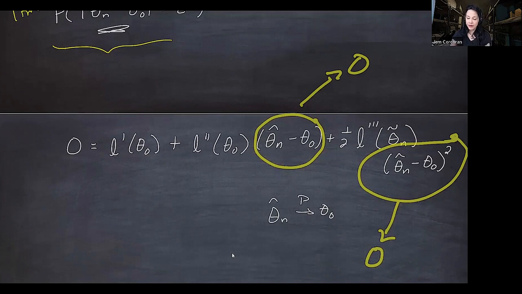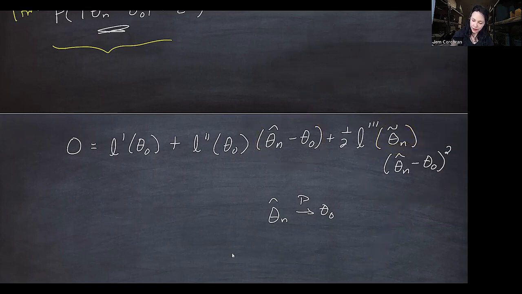And this guy in here is going to theta naught in probability. That's what we just showed. And so if that third derivative of the log likelihood exists and is continuous, then this entire term, the L triple prime of theta n tilde, is going to go in probability to L triple prime of theta naught.